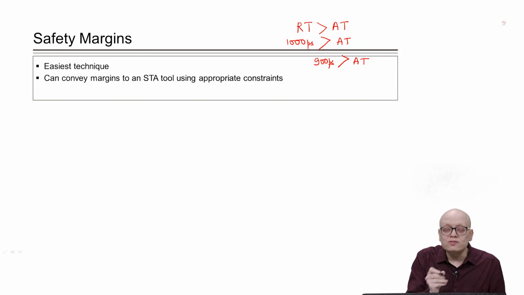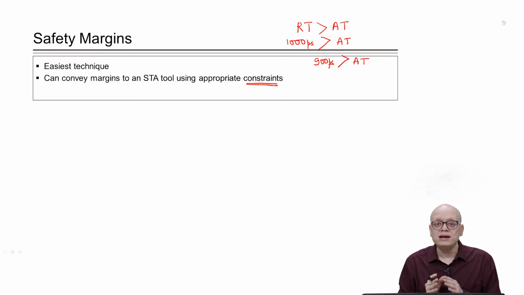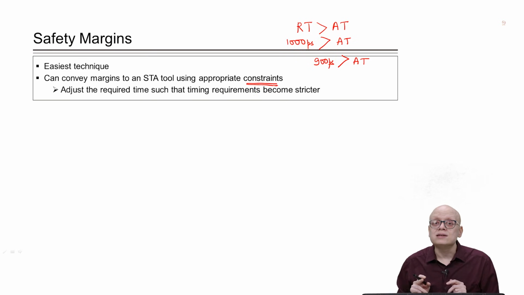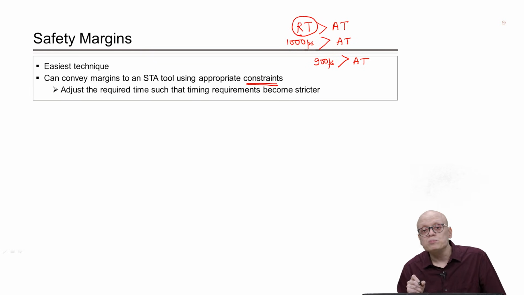We can convey these margins to the static timing analysis tool through the constraints file, the SDC file that we write. In that we can use some constraints to specify how much extra margin we want in our timing analysis. When we add those constraints in our SDC file, the required time will be adjusted appropriately to make it stricter.